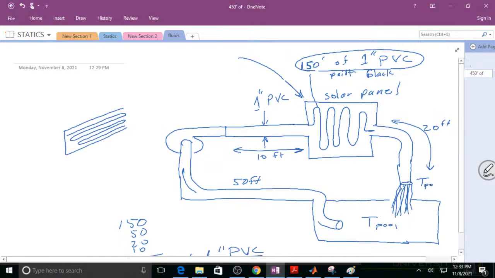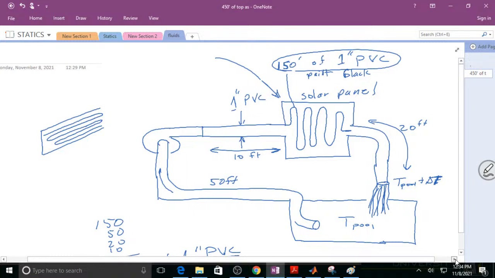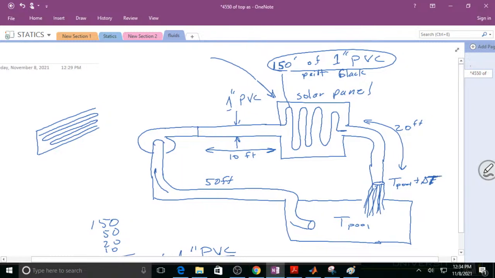This would be temperature of the pool plus a delta T, not time, but delta T. And the delta T is a result of the sun heating up the water as it goes through. If you pump the water too fast, it's not resident in there long enough to get much of a delta T. And so there's probably a perfect flow rate. That's left to heat transfer.